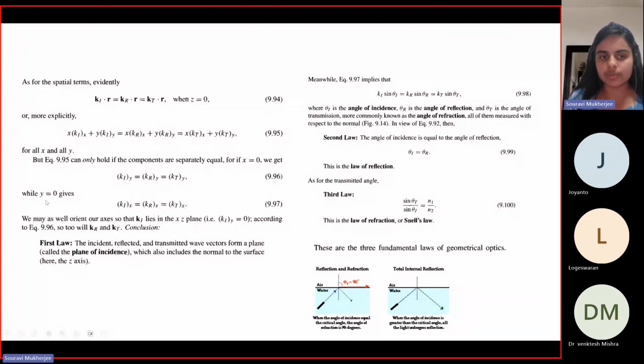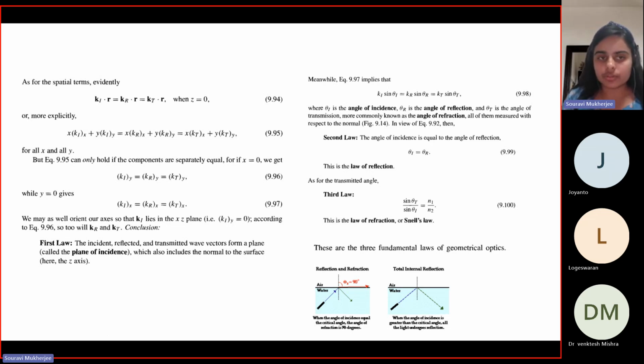Similarly, if you put y to be 0, then the x components should go to 0. So based on what axis you choose, you can take any of the axes such that one of the components, either x or y, goes to 0. You have the freedom of choosing your coordinate axes. So it finally leads to the geometric optics rule, which says that the incident, reflected, and transmitted wave vectors lie in the same plane.